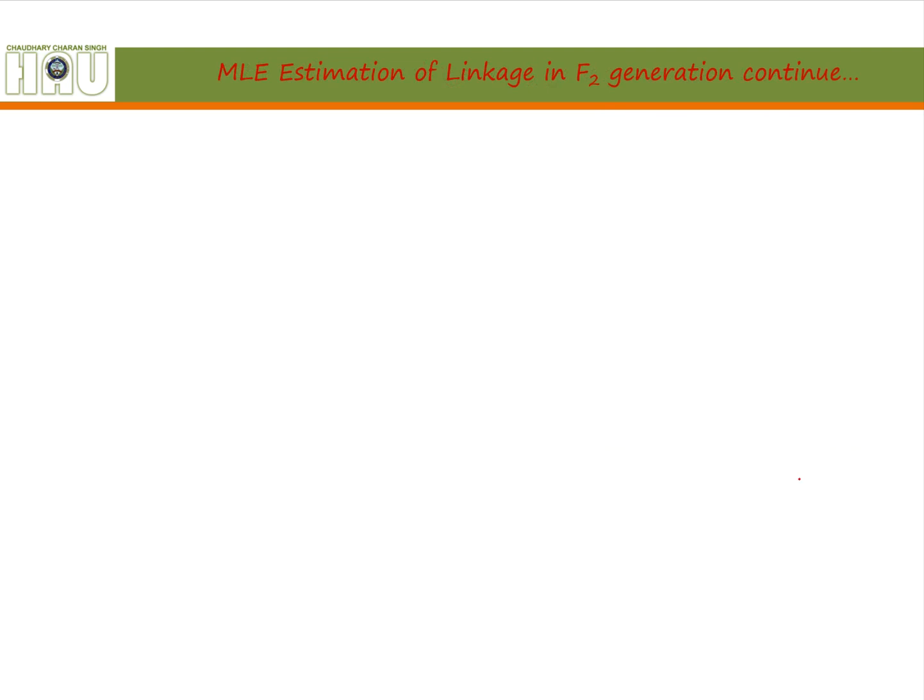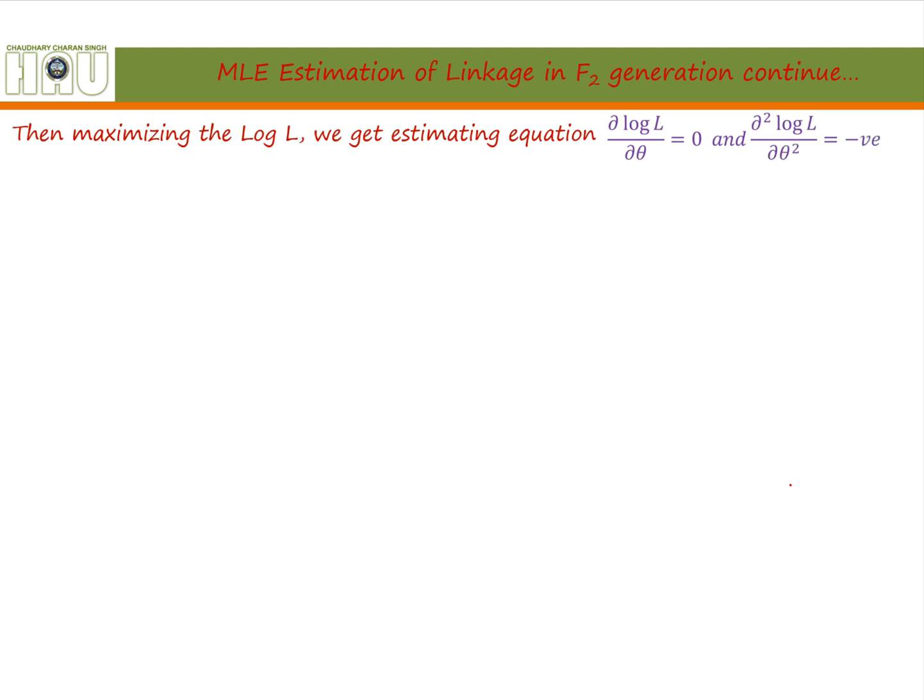In order to maximize the log L, we get the estimating equation: the partial derivative of log L with respect to theta is equal to 0, and the second partial derivative of log L with respect to theta square is negative. First of all, we take the derivative of log L with respect to theta.